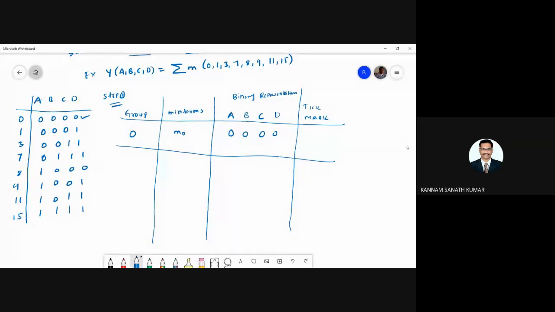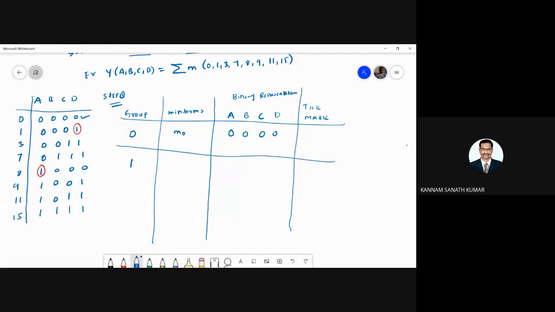And next you have to see the minterms which have only one 1. Minterm 1 has one 1, and 8 has one 1. So you have to make M1 and M8 as group 1.